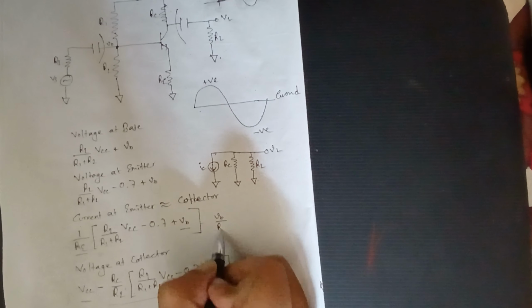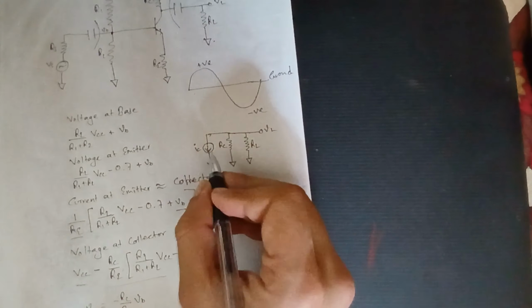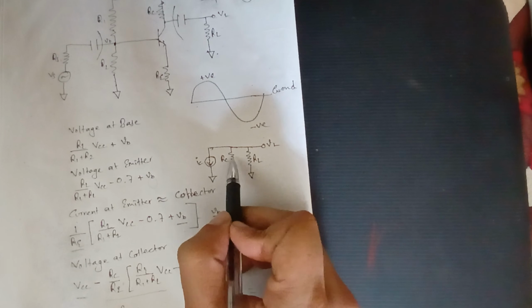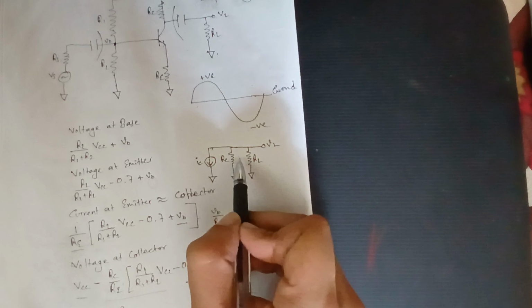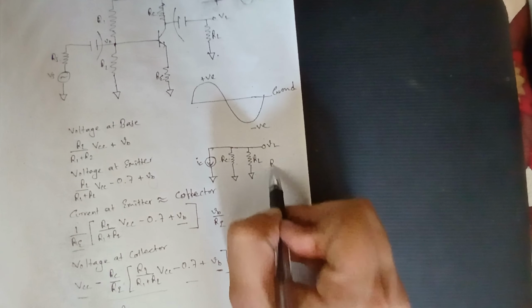VB by RE. So what we get here is VB by RE equals to the equivalent resistance of RC and RL. These two are in parallel, so equivalent resistance is RC parallel RL, right?